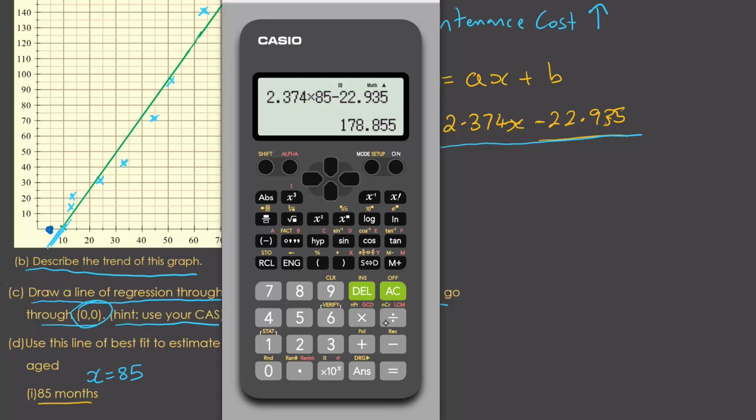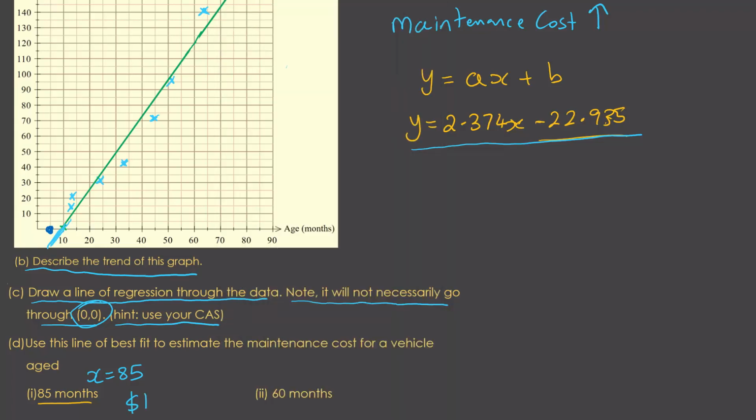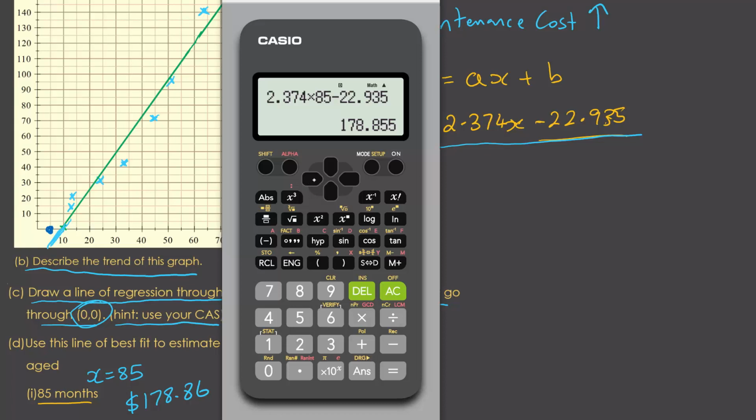And that gives us 178.86. And then for 60 months, we can just do the same thing. Line of best fit was already in the calculator. So just change that 85 to a 60, 119.51.